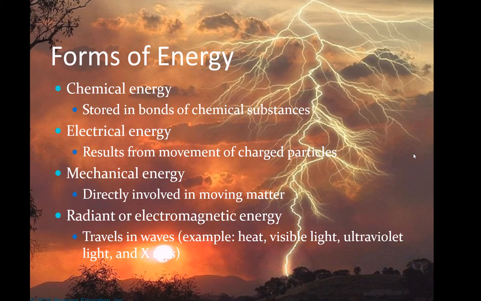Visible light allows us to see, and then things like UV from the sun and X-rays. So when you go and get an X-ray because you broke a bone, that is all different forms of radiant or electromagnetic energy. So there are lots of different types of energy that we see in the body and that we make use of in the body, including things like electromagnetic energy.